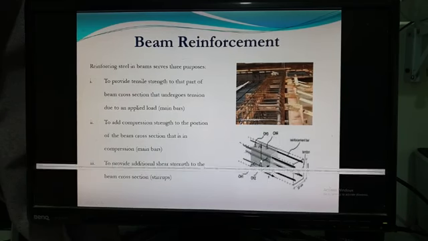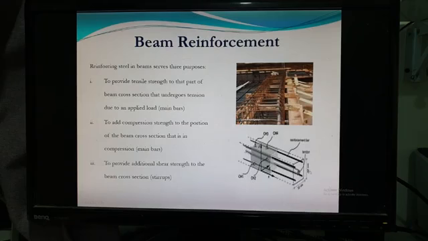This is where the concrete is experiencing a lot of tensional force, which it is not good at. So usually for beams, you can see that there will be a lot more reinforcement put at the bottom half of the beam compared to the top.